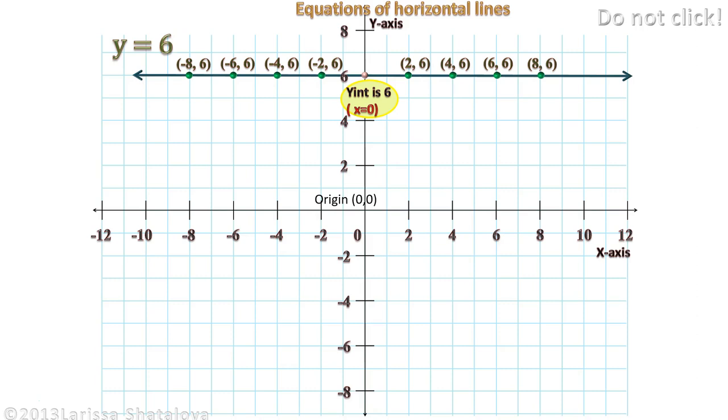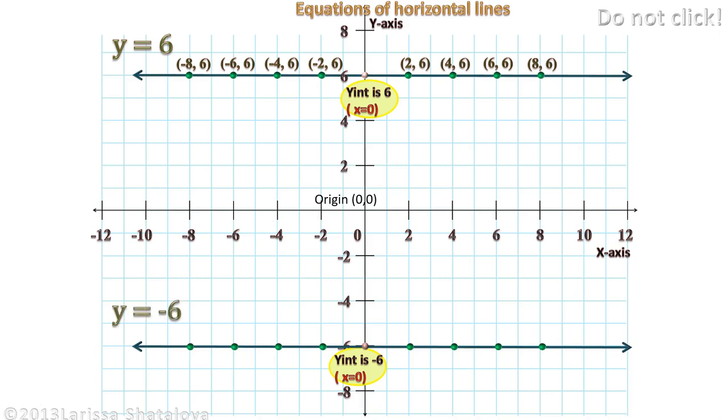Next line, the y-intercept is negative 6. How can we draw this line? From the left to the right, x is changing but the y-coordinates for all these points are the same, negative 6. This is why it will be easy to mark this line using the equation y equals negative 6.